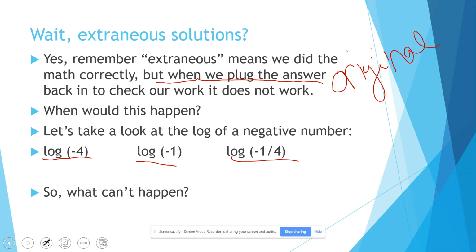What did we get for all three of those? We got error or no real solution or something like that. So what can't happen? We cannot take the log or natural log of a negative number. It's not possible.